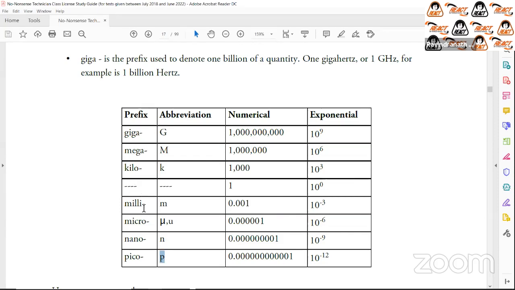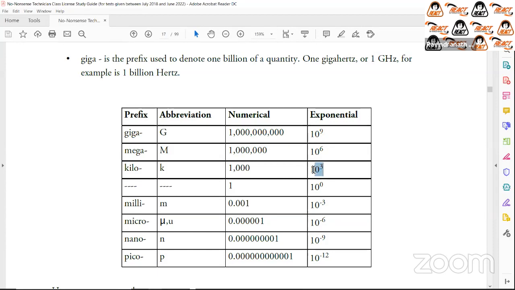But the question is, what does a prefix mean when we put it in front of a term? So before we were talking about millimeter, micrometer, kilometer. So let's take kilometer. We may be familiar with the term kilometer in terms of a distance. When we say it's a kilometer, a kilometer is 1,000 meters.